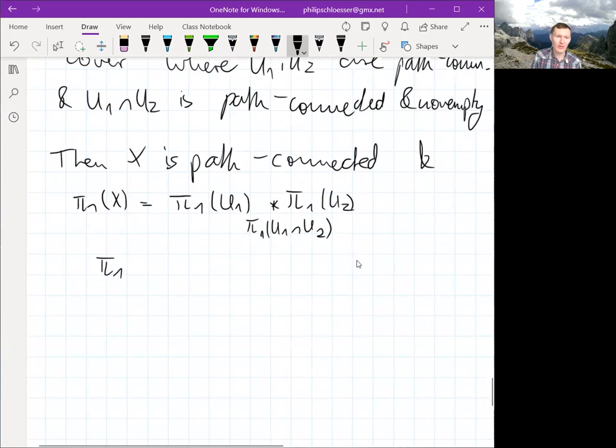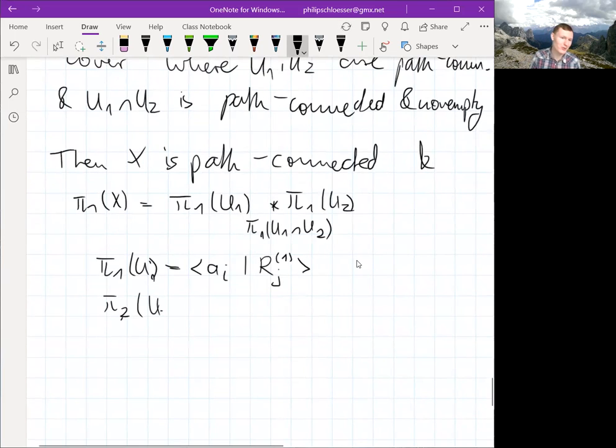If we can write our group pi1 of U1 as a group with generators and relations, and we can write pi1 of U2 also as a group with generators and relations.